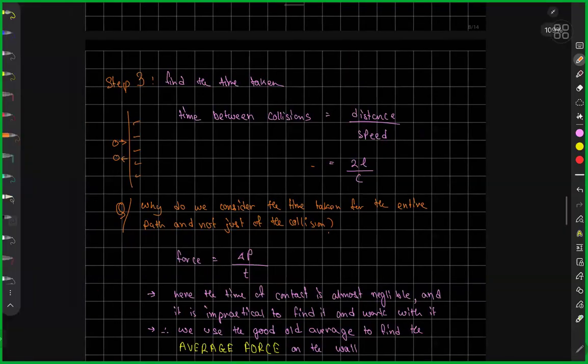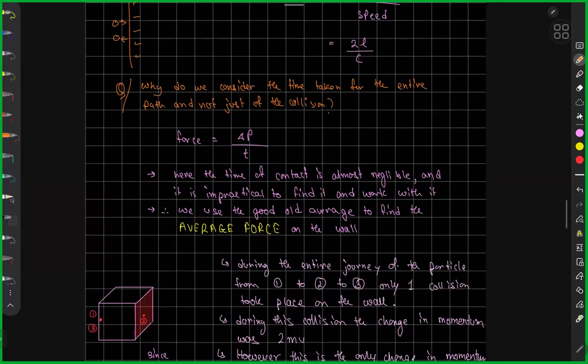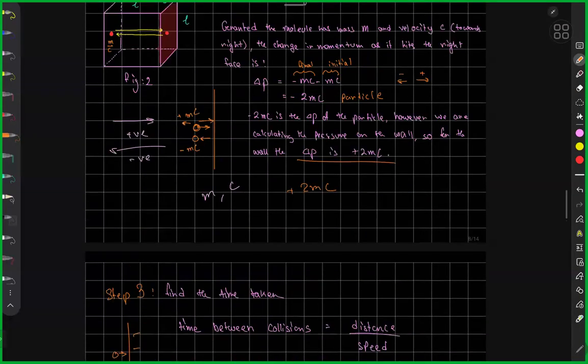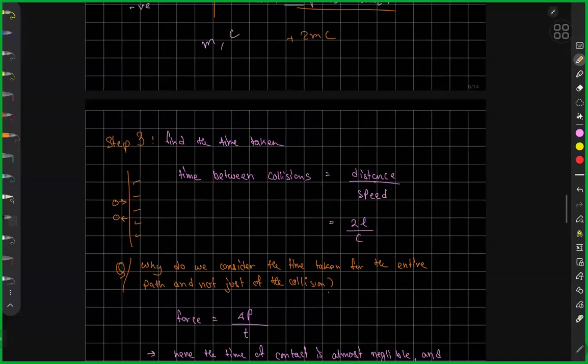But before that, what in reality do we actually do for the derivation? We consider the entire path of the particle, going from 1 to 2 and back to 1. I'm going to show the step and then explain why it is considered. So the time of collision we consider as total distance covered divided by the speed of the particle.